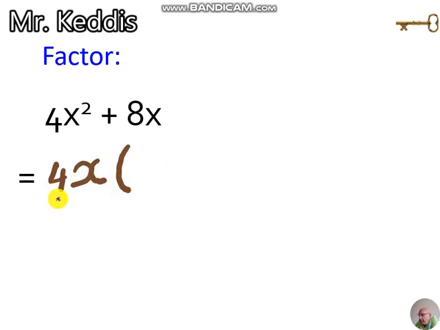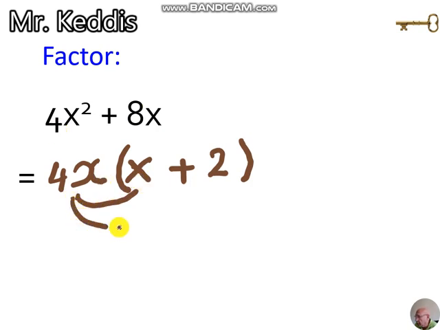Open bracket. 4x times what to get 4x squared? 4x times x. Plus 4x times what to get 8x? 4x times 2. Checking: 4x times x, I get 4x squared, and 4x times 2, I get 8x.